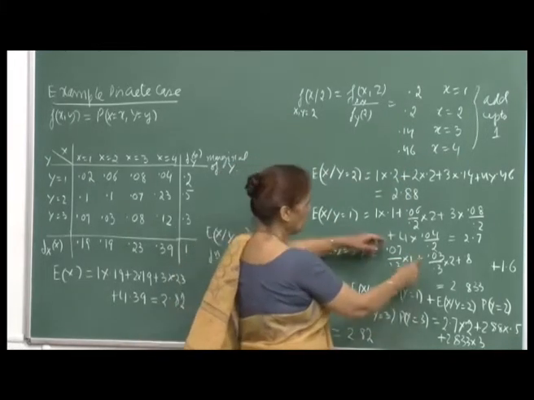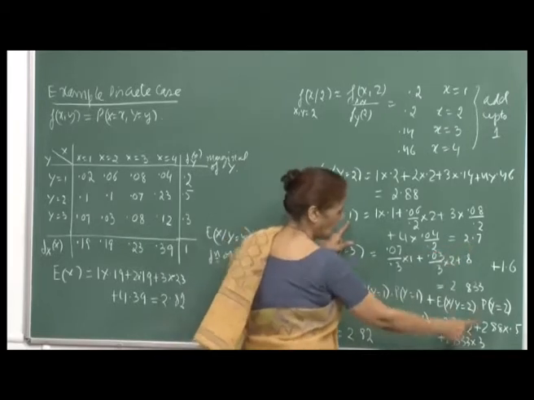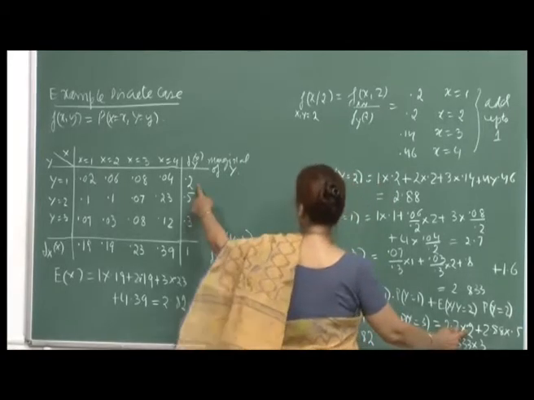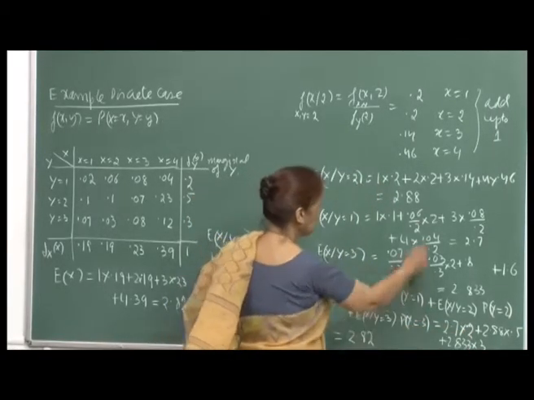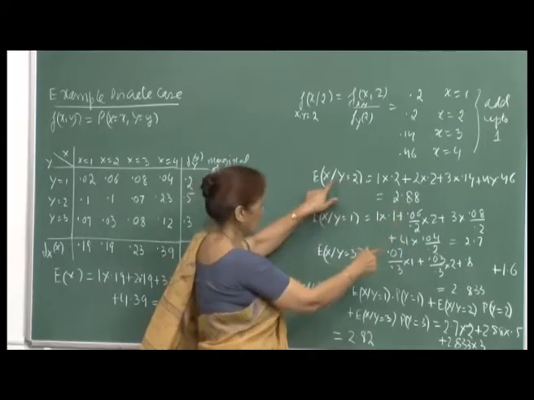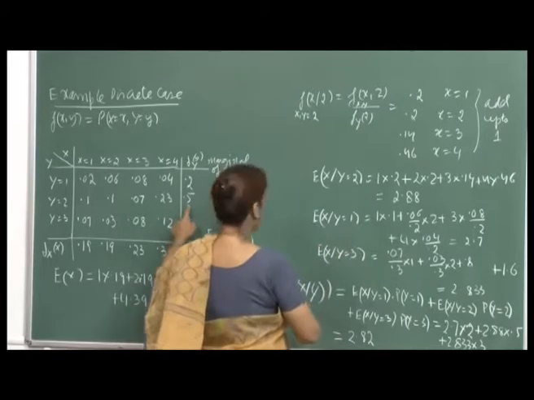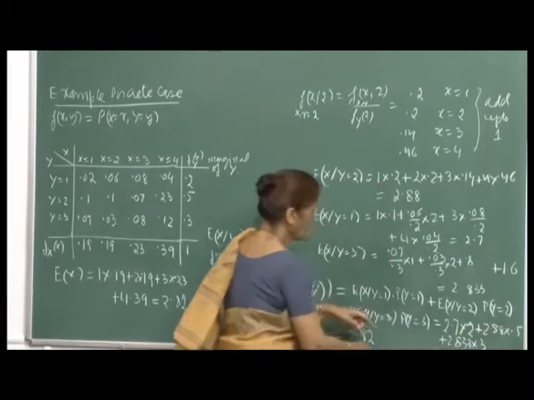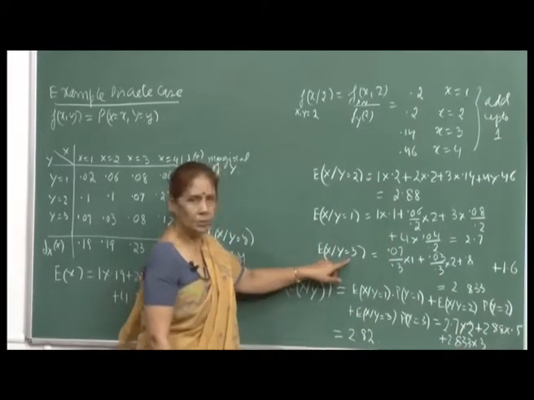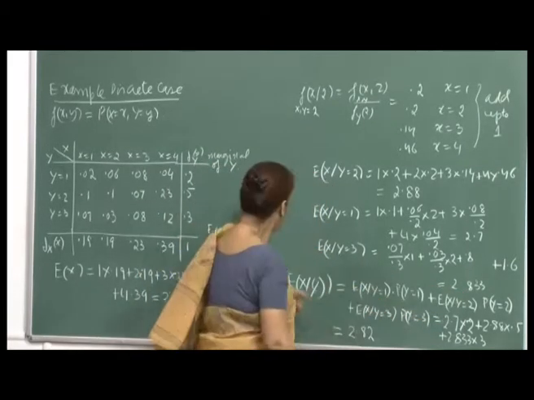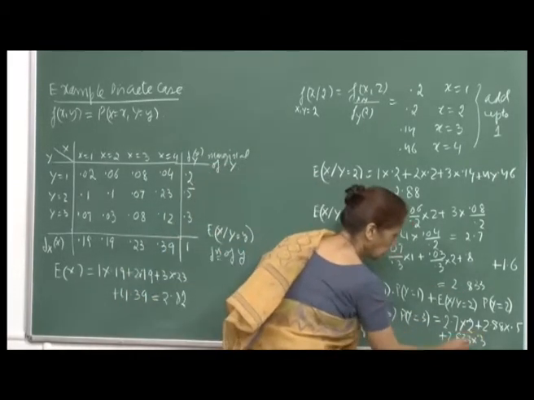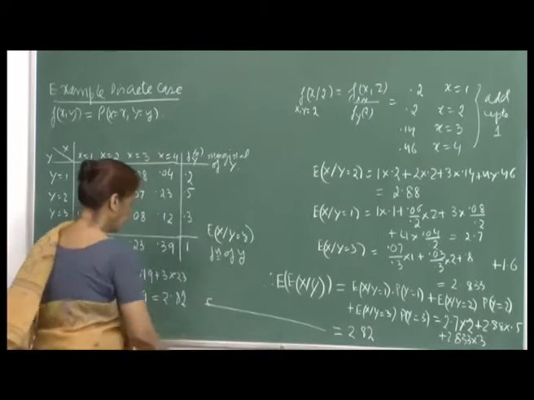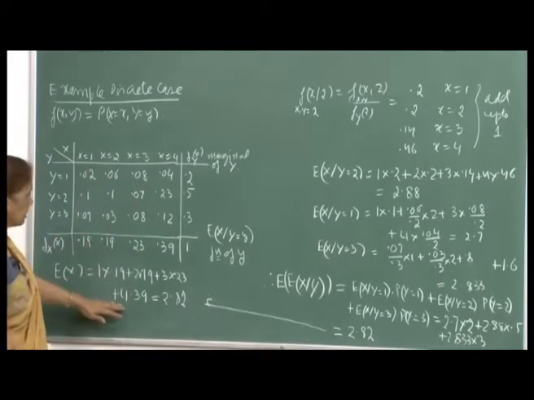And because we have made these computations, you see that 2.7 into probability of y equal to 1, which is 0.2 from here, plus 2.88, the conditional expectation of x given y equal to 2, into 0.5, plus the conditional expectation of x given y equal to 3, which is 2.833, into 0.3. This adds up to 2.82, which is the same as what we computed from here, right.